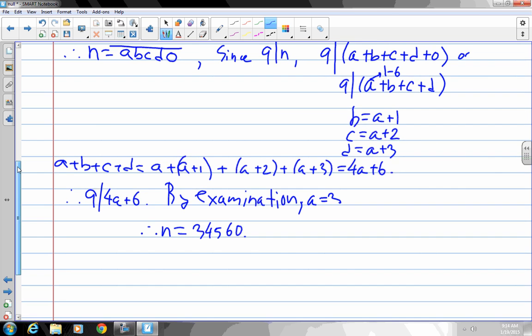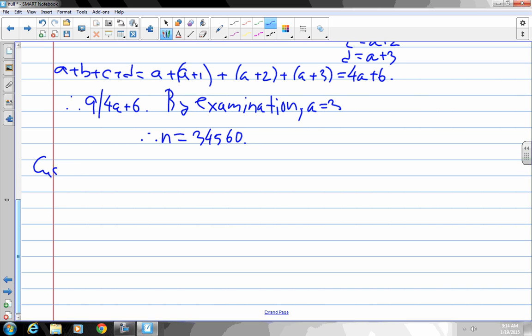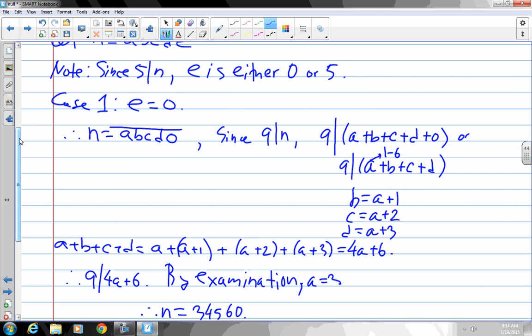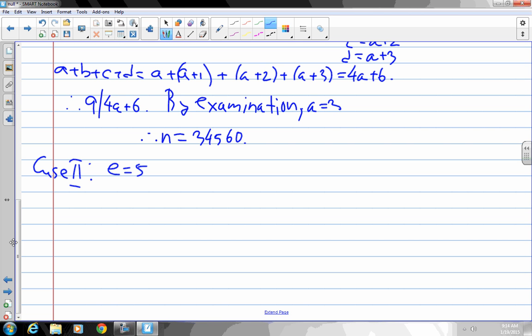There is another case. There's case 2, so don't forget that. Case 2 is when E equals 5. We did the problem when the last digit was 0. Now we're going to do when the last digit is 5, because of divisibility by 5. So therefore, N equals A, B, C, D, 5. The sum of these digits has to be divisible by 9.